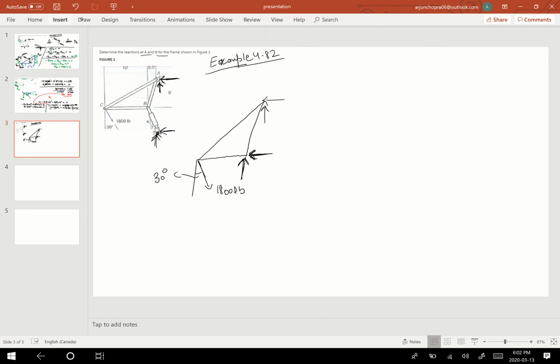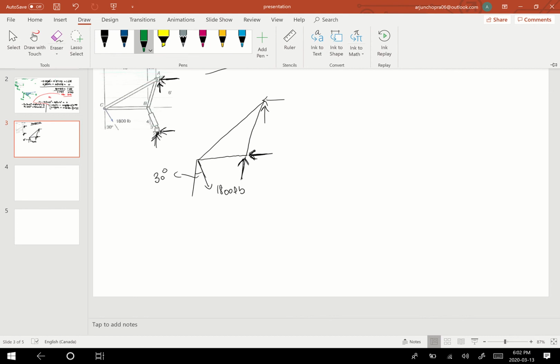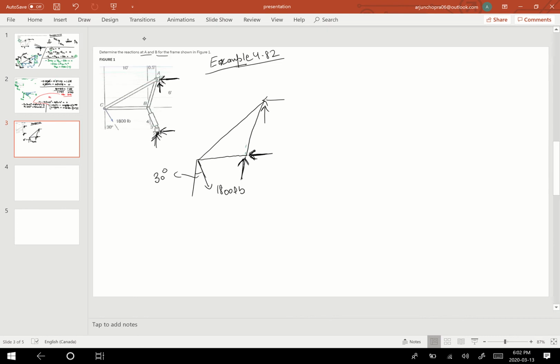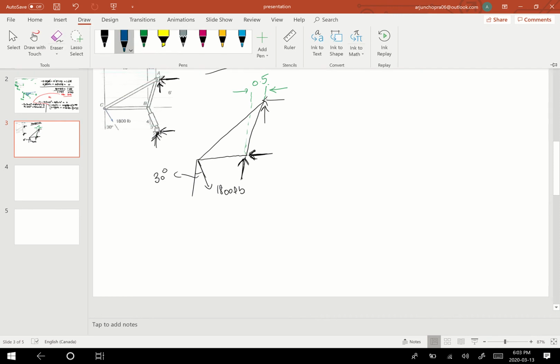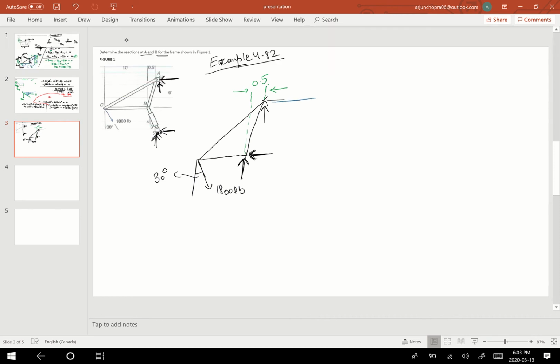And then I think I need to show some different colors, so I'm going to use some different colors. This distance given to me here is 0.5, and then this distance given to me here is 6 inches.